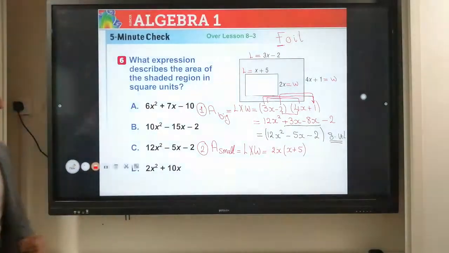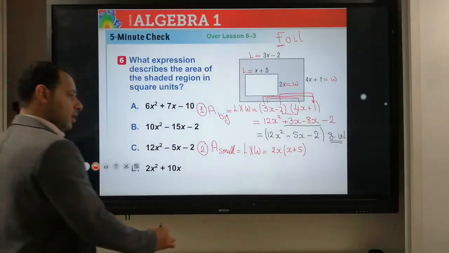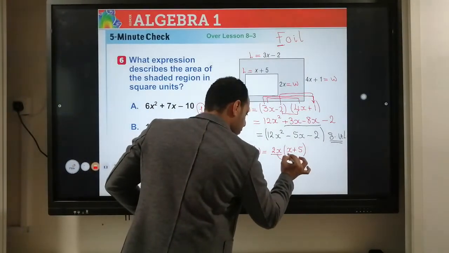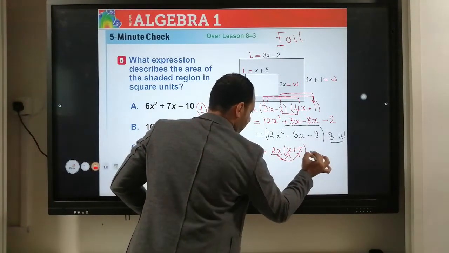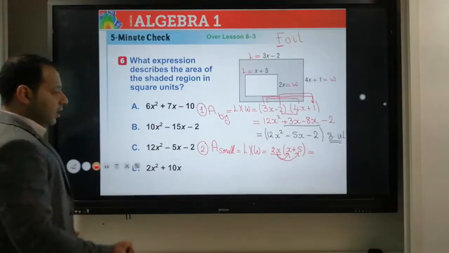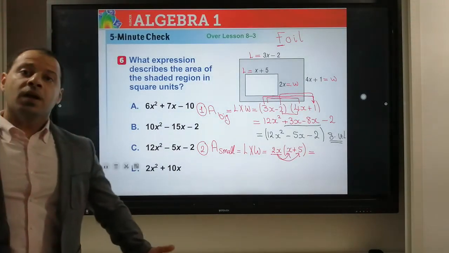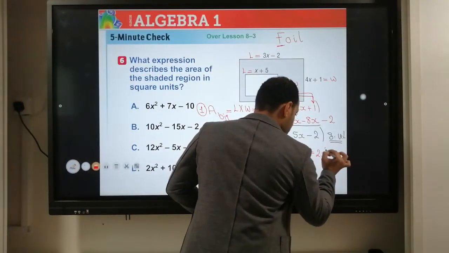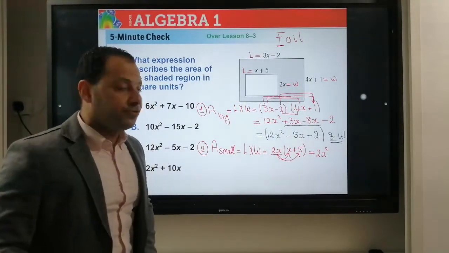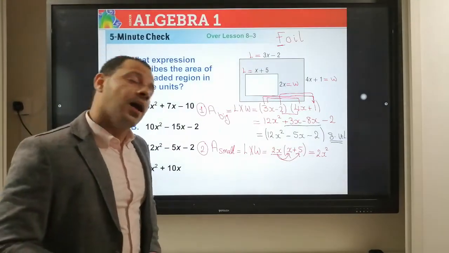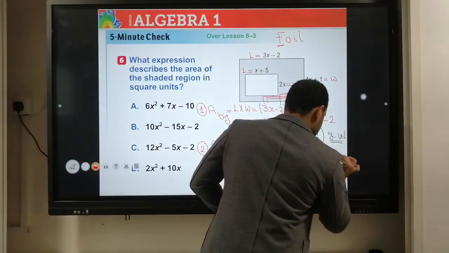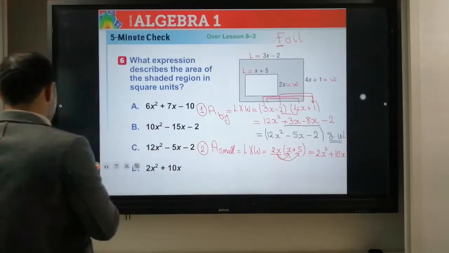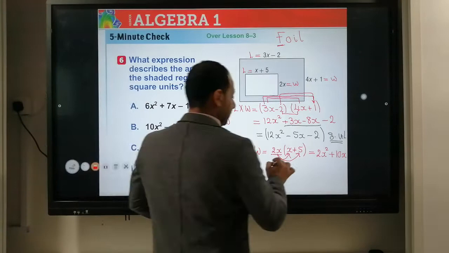We have to multiply using the distributive property. I just distribute by multiplying. The result will be 2x times x, which is 2x squared, and 2x times 5 equals 10x. So plus 10x.